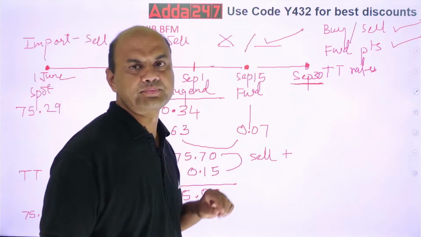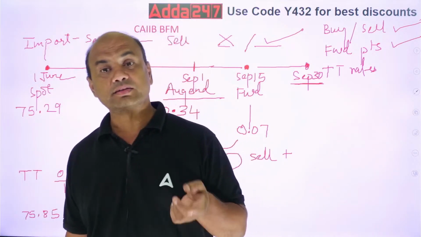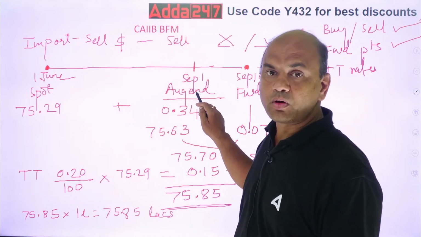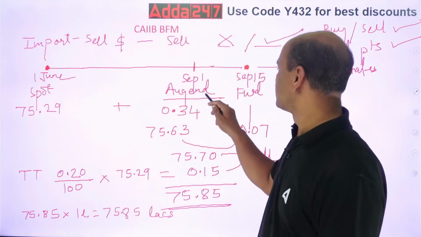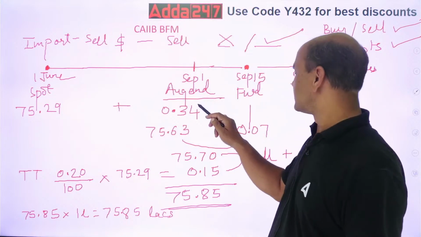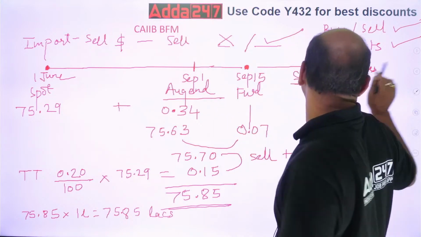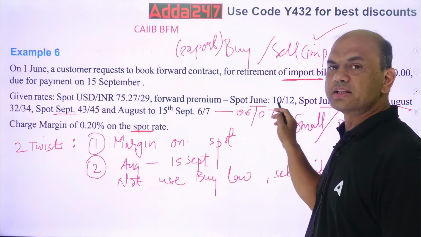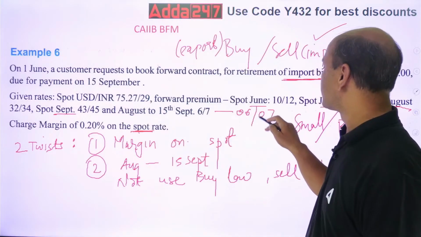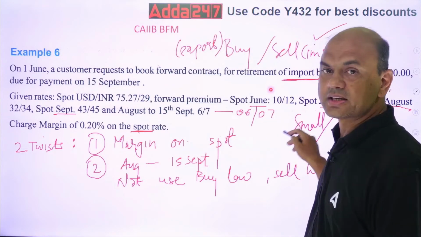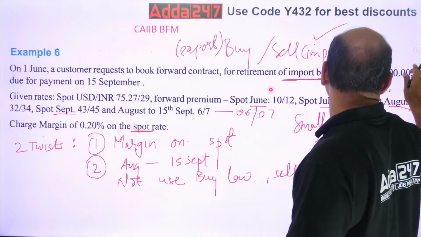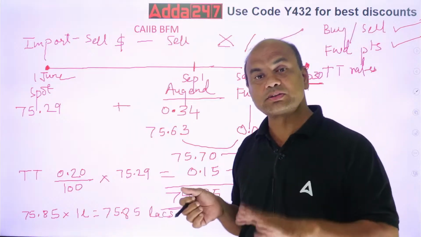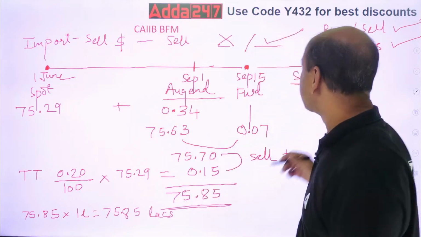So it is 75.63. Okay. Now there is the twist which I told you. They have given the rate from August end to September 15th. So this is 0.07. Take this 7, because we are always focusing on this sell side, import. Now what will I do for this 0.07, add or subtract? Again look at it. Is the currency in premium or discount?